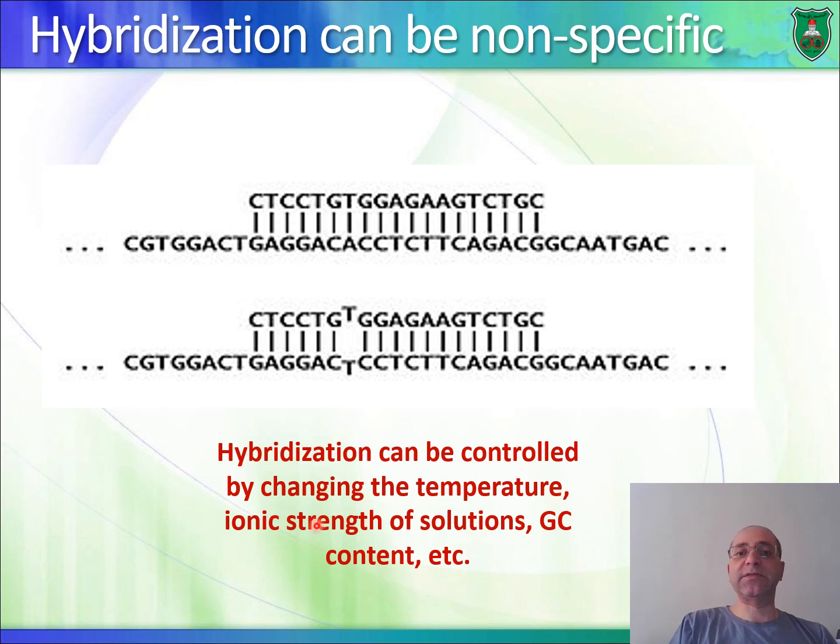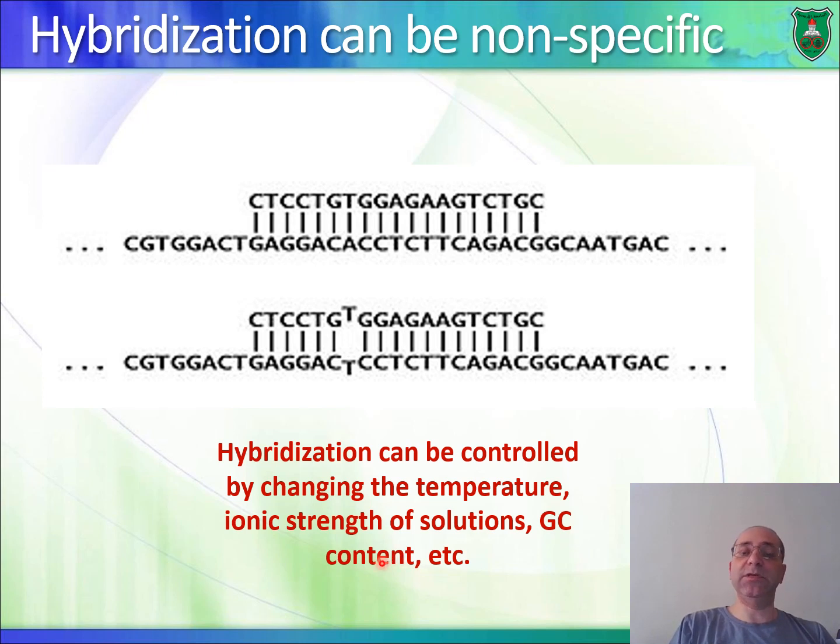Ionic strength is something else. We already talked about it in the previous lecture. If we increase the concentration of ions, possibly charged ions would mask the negative charges between the two strands, and that would reduce repulsion. Okay, and this would allow hybridization to take place.